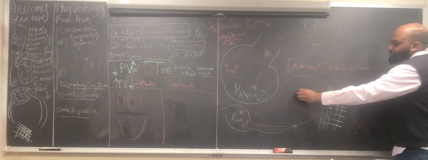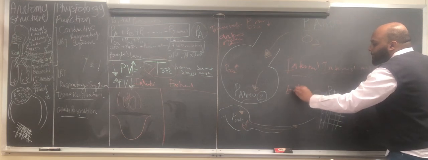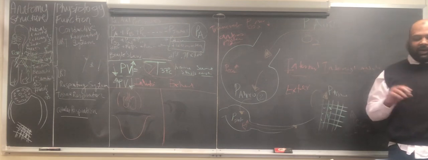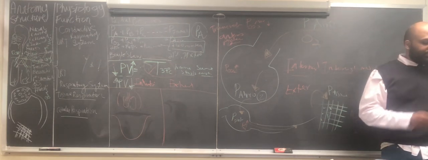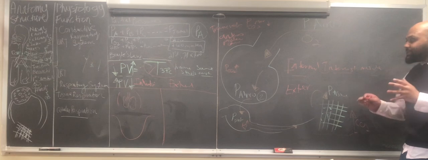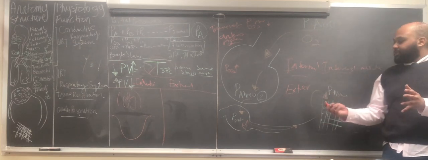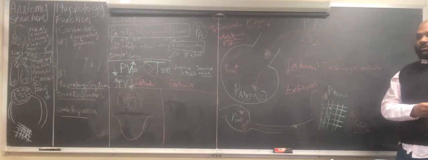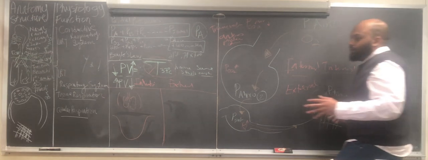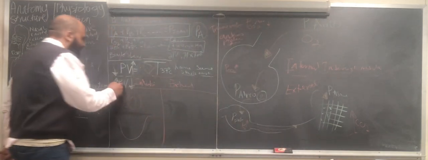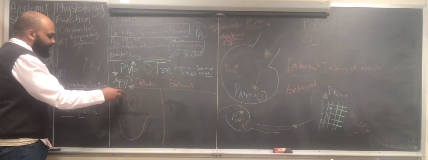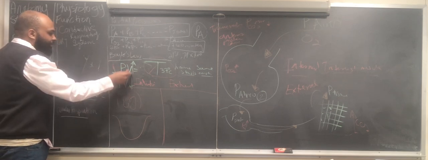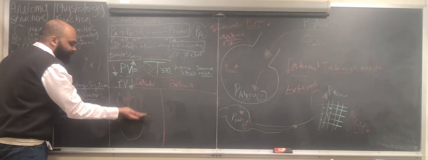So there are two types. There are the external intercostal muscles. Either way, I'm only using intercostal muscles, but one time I'm using internal intercostal muscles, and the other times external intercostal muscles. If I want to inhale, I want to make the pressure go down and the volume go up.